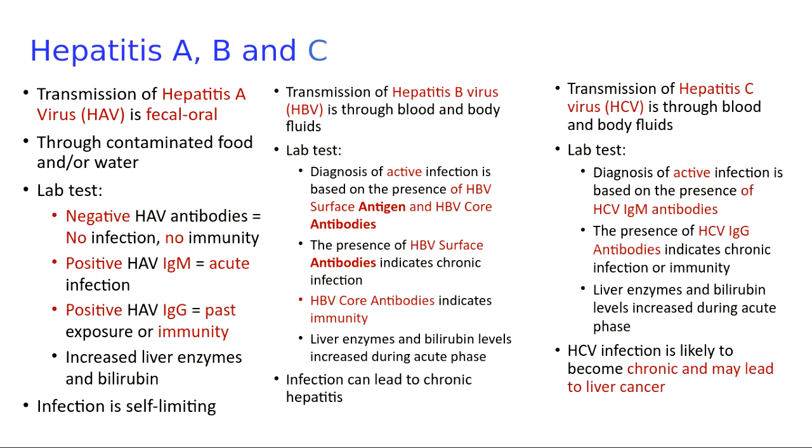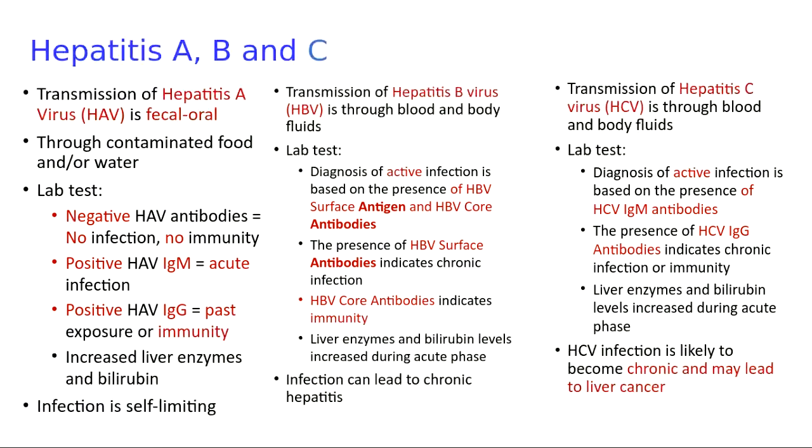Then we have hepatitis A, B, and C. Actually, there's more than that, but you only need to remember these, which are the most common. A is fecal-oral, meaning we get it from contaminated food or water. If we find anti-hepatitis A IgM antibodies, then that means that the patient has an active hepatitis A case.